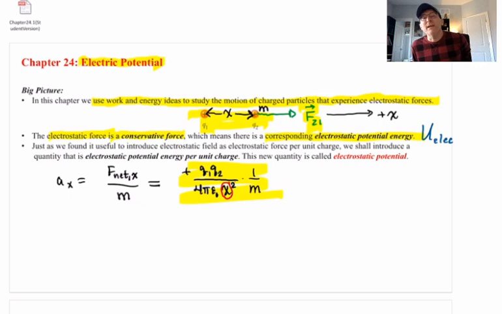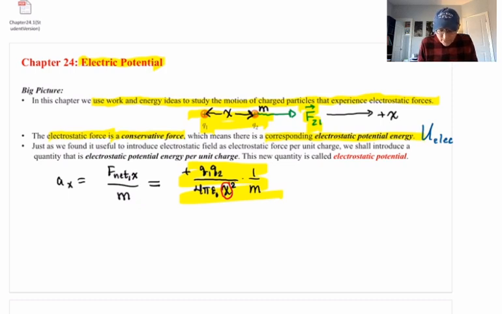So that's going to be the main topic of this video, introducing the concept of electrostatic potential energy. But I'll give you a little bit of a heads up for part 2 of the video lecture. This is building on the concepts from chapter 22.